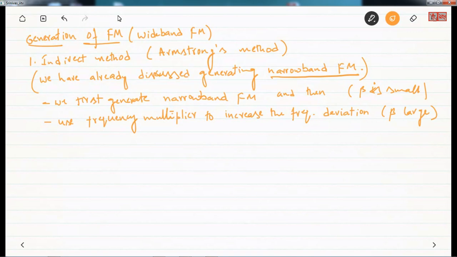So in the block diagram sense, how do we generate this? We use, say, this is the baseband signal m of t. This baseband signal we give to an integrator, and then we use a narrowband phase modulator.